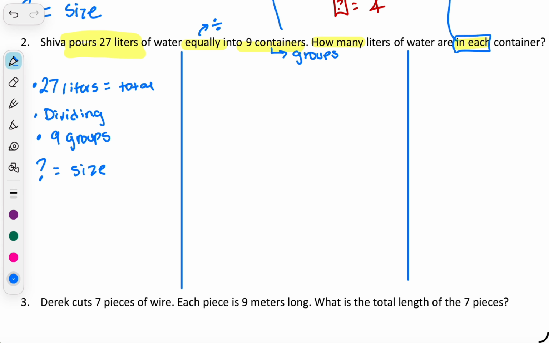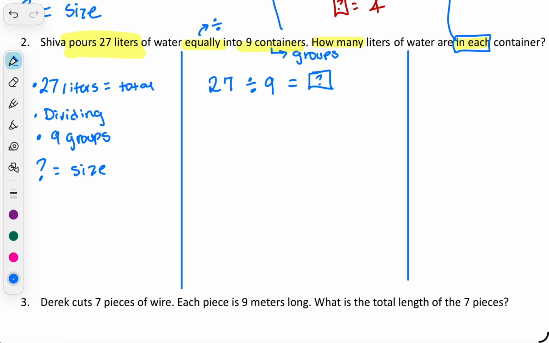So my equation here is going to be 27 divided by 9 equals the unknown. Okay, and if we want to take it a step further before we get to the model, remember we're going to do a numberless equation as well.